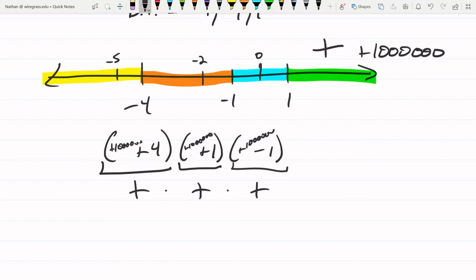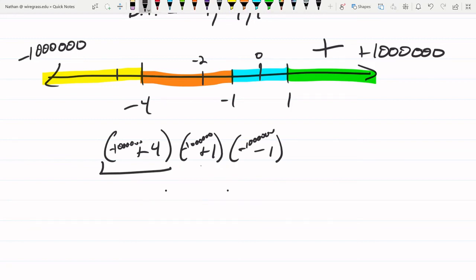And you can always use that as long as you're on the two edge cases, like the yellow and the green intervals here. We can always use a very large positive or very negative number. So I'm going to test -1 million now and show you it's the exact same process. So you have -1 million, -1 million plus 1, and then -1 million plus 4.